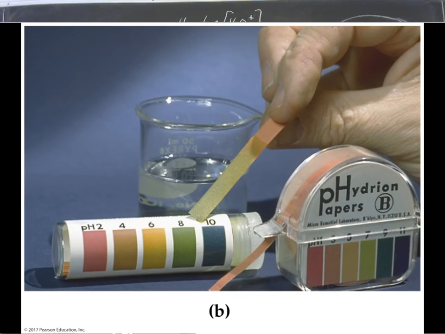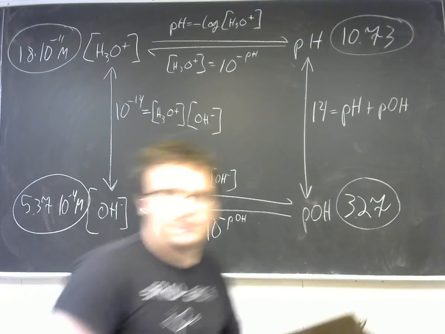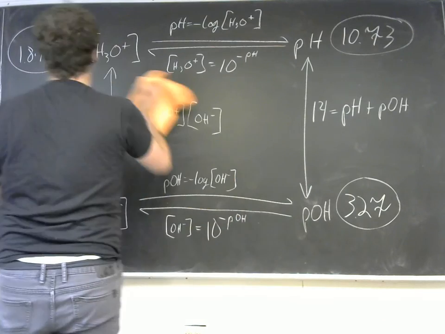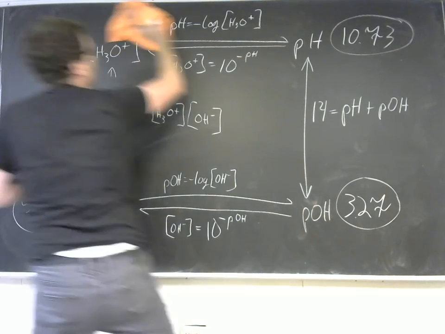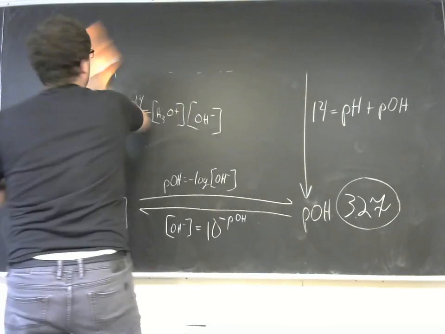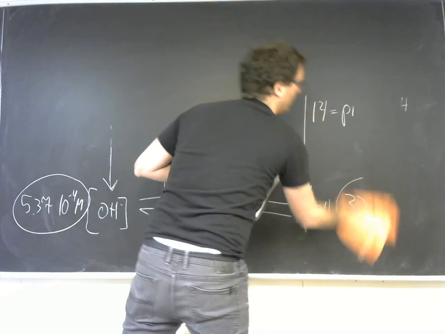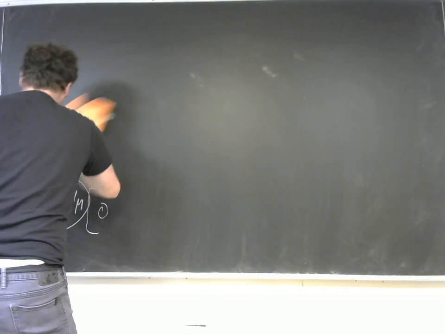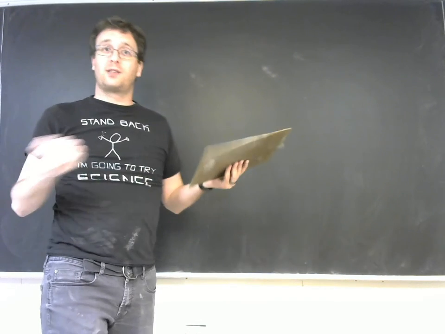And so I want to just tell a little bit about how these indicator solutions work. Color indicators are actually acid-base conjugate pairs.